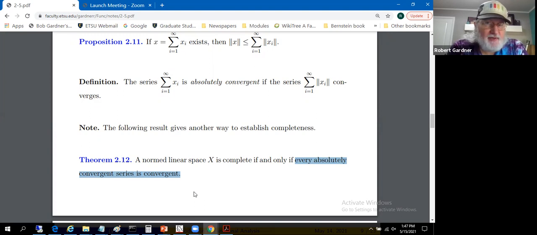They're called conditionally convergent. An example is the alternating harmonic series: 1 minus a half plus a third minus a fourth plus a fifth and so forth. That's a convergent series of real numbers by the alternating series test. And if you take the absolute values, you get the harmonic series, which diverges.